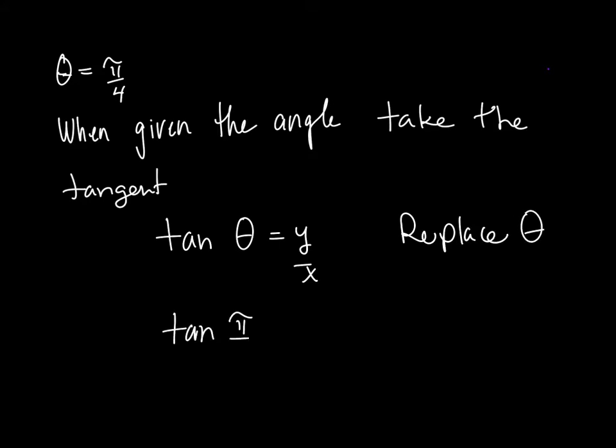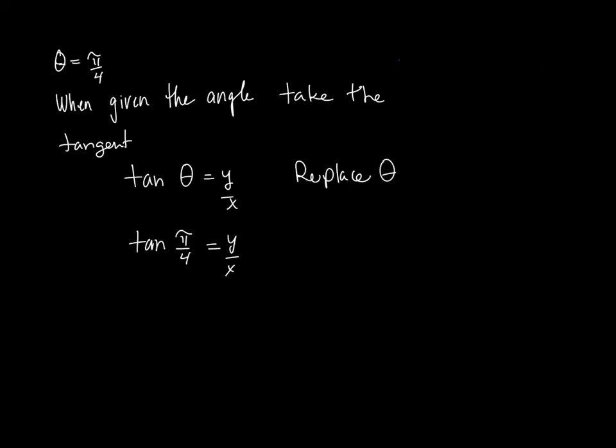We take the tangent of pi over 4 is equal to y over x. So what do we know? We know that the tangent of pi over 4 is equal to 1. So therefore 1 is equal to y over x. Cross multiply, and I get my line y is equal to x.